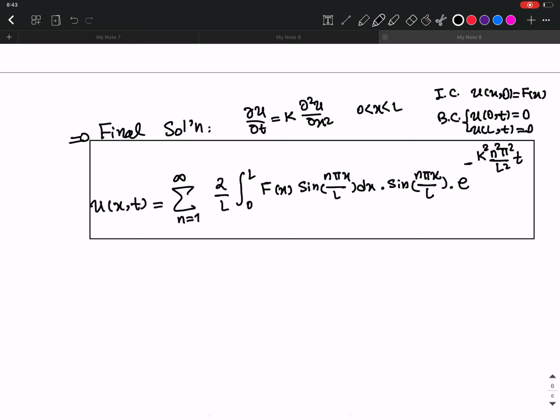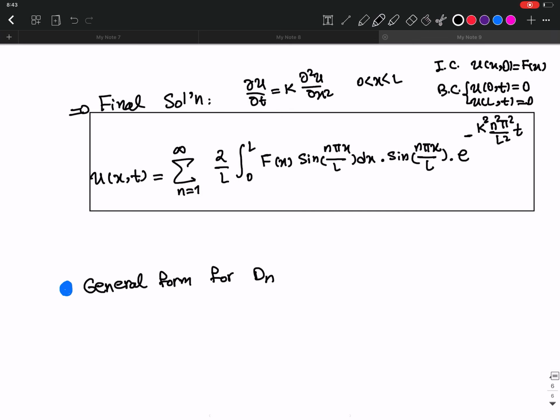And I just want to make a general note here, a general form for d_n. If you want to find d_n, you can just use this formula for your problems.